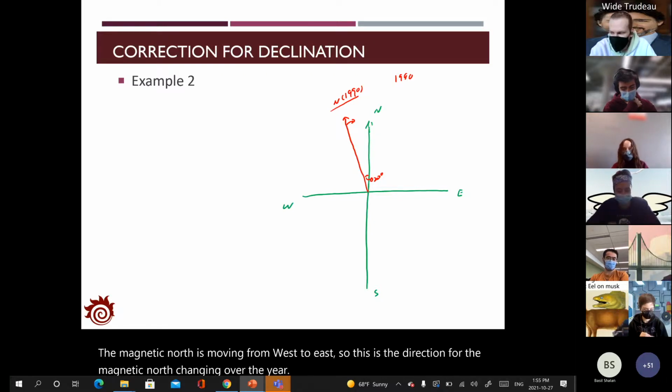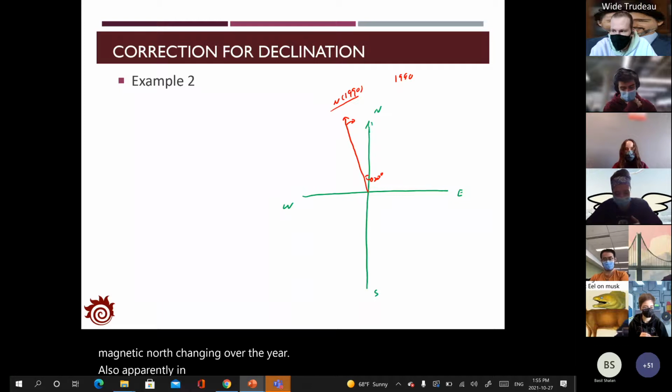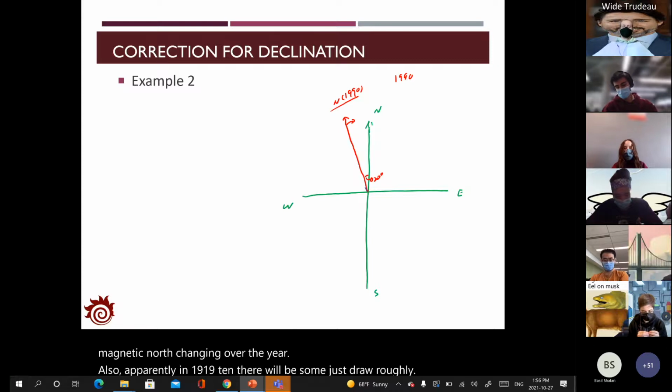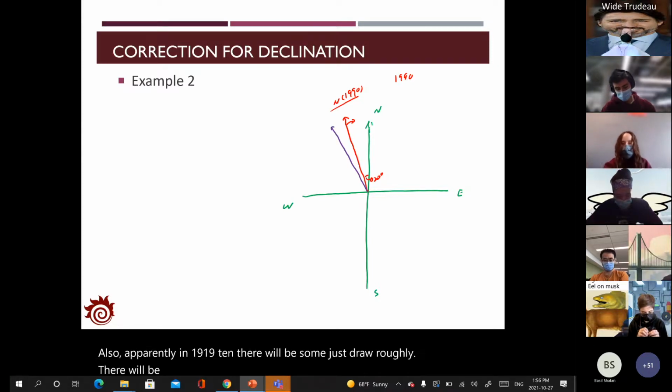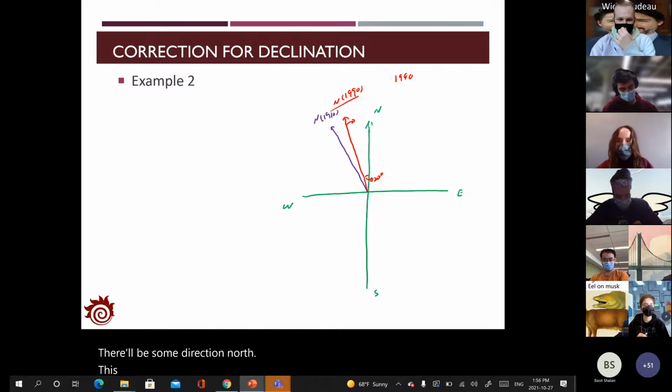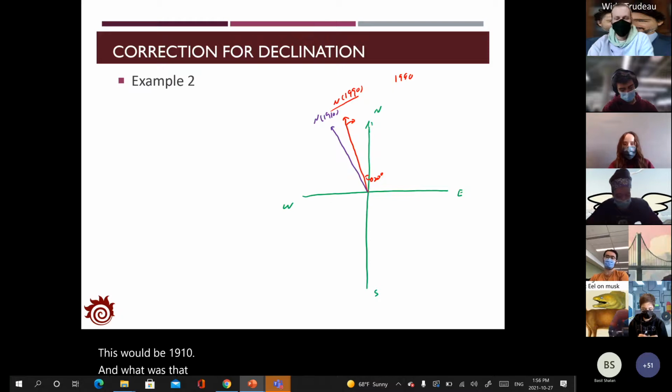So apparently in 1910, there will be some, just draw roughly, there will be some direction north. This will be 1910, and what about 1995? That will be obvious. It will be on the right side.